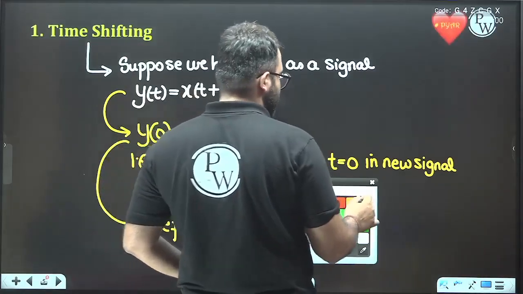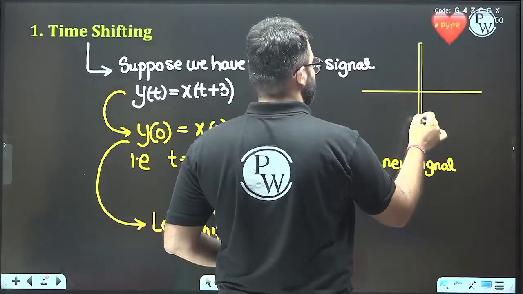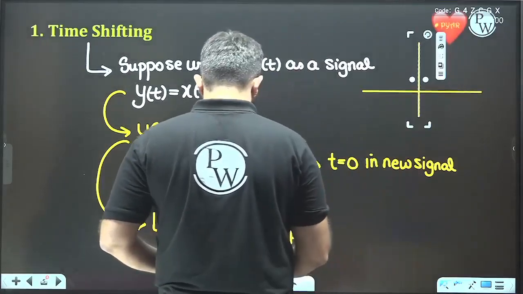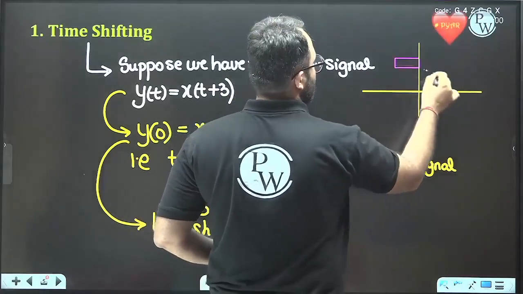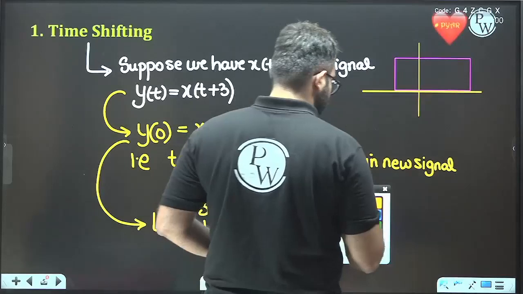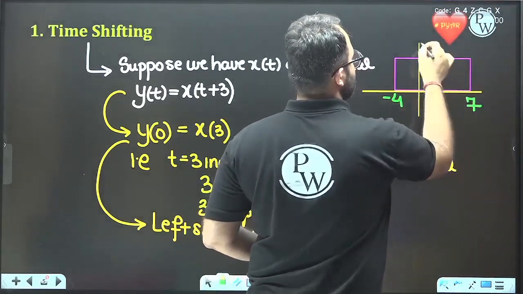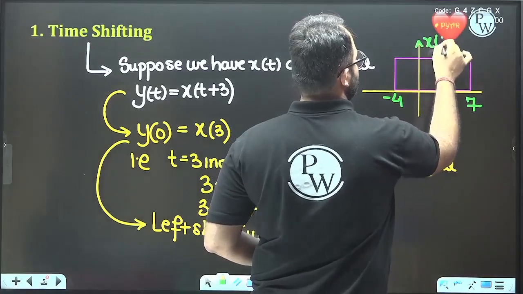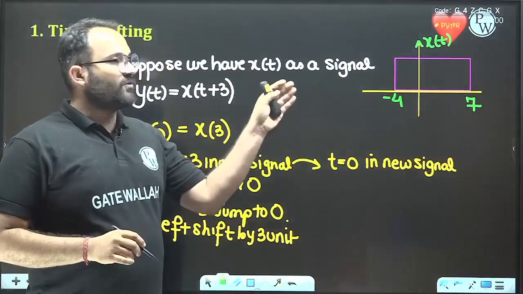So let us take an example here. For example, I have a signal from -4 to 7. This is a signal that is xt.